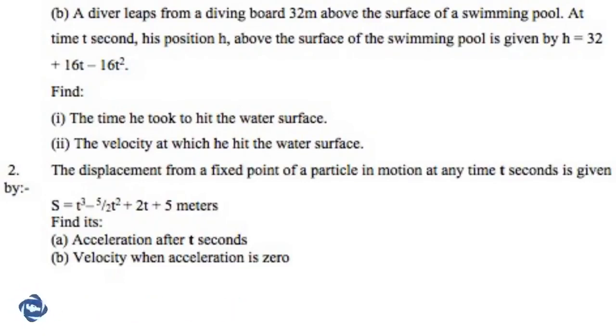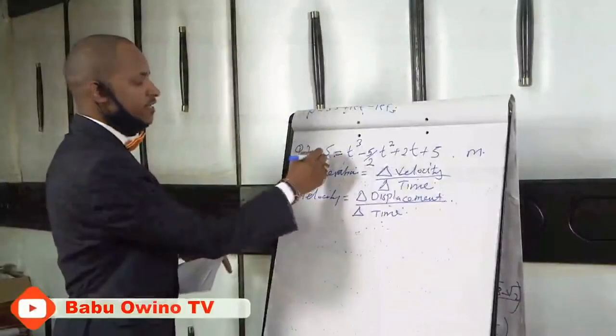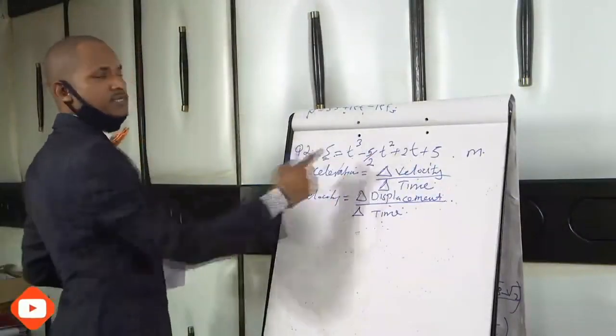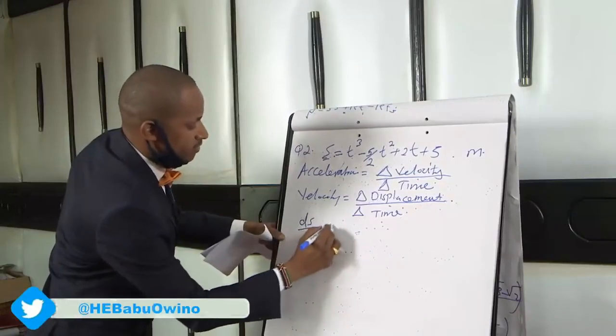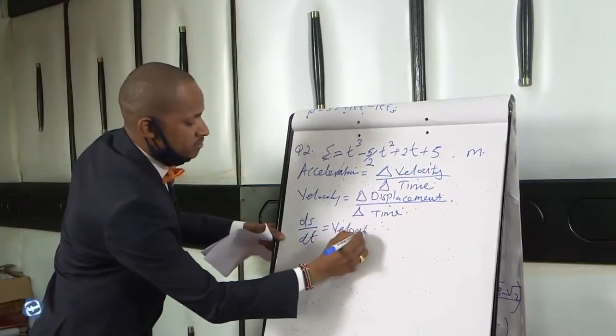Therefore, for us to get acceleration, we have to get velocity first. To get velocity when we are given displacement s, we differentiate s with respect to t, so we have ds/dt, which gives us the velocity.